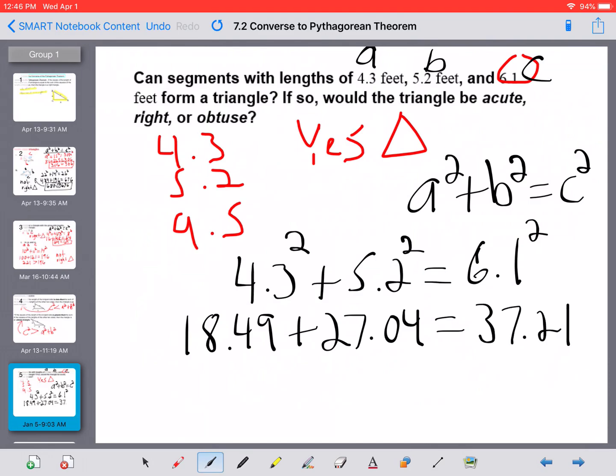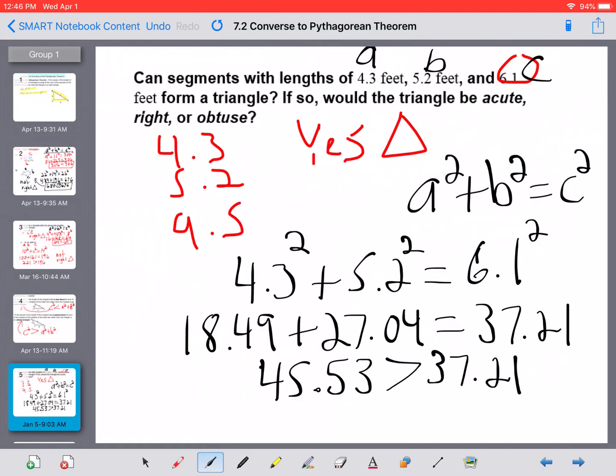6.1 squared is 37.21. Now if we combine 27.04 and 18.49, we get 45.53, which is larger than the square of our hypotenuse, which is 37.21.